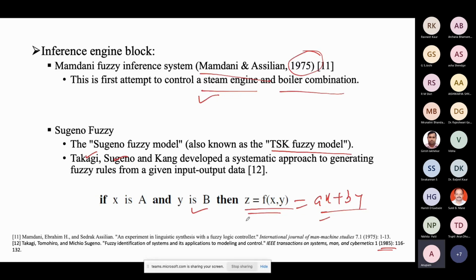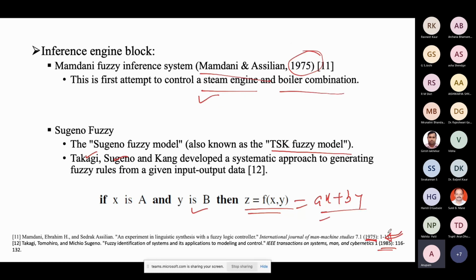And here you can see Mamdani and Assilian. This technique I'm talking about was published around 1975, right? The name of this paper is An Experiment in Linguistic Synthesis with a Fuzzy Logic Controller, right?